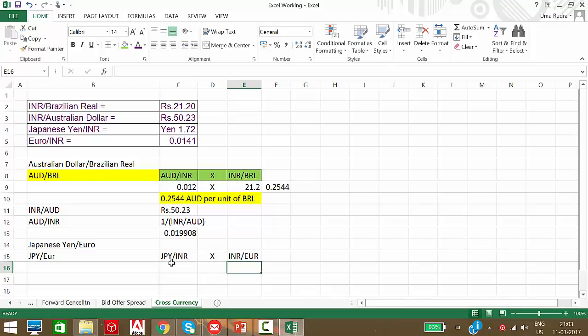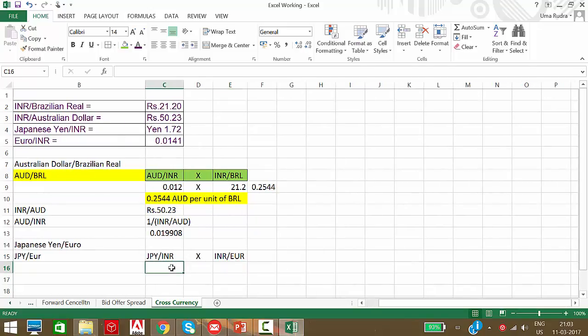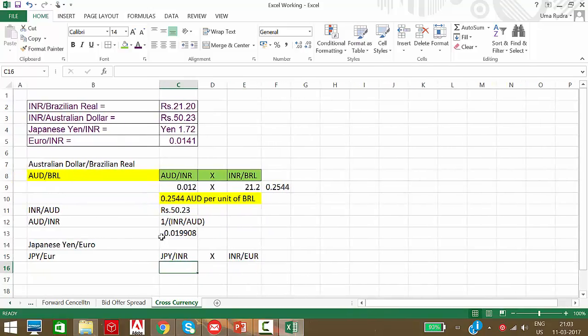Now, what is JPY per INR? For 1 INR, how many Japanese yen? Here it is given as 1.72, so it is straightforward.